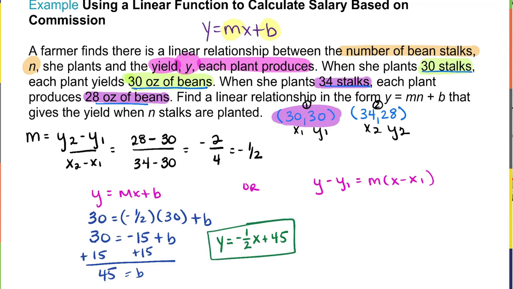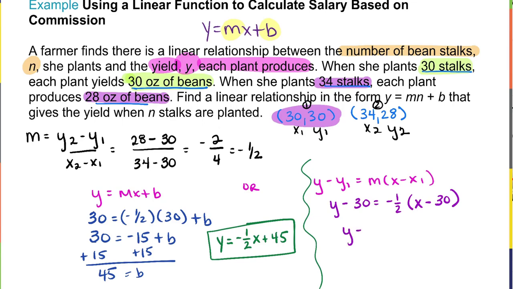And let me just remind you that you can do it this other way. And I actually like this other way just because you sub things in once and then you're done. So if I were to sub in for y1 30 equals m, which is negative 1/2, times x minus x1, which is 30 as well.